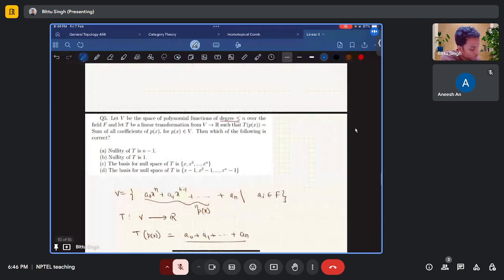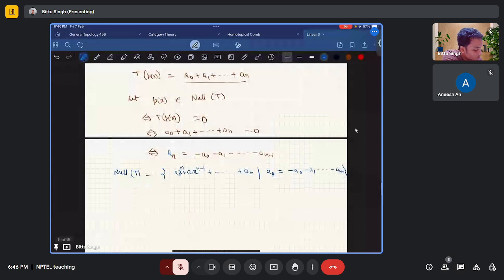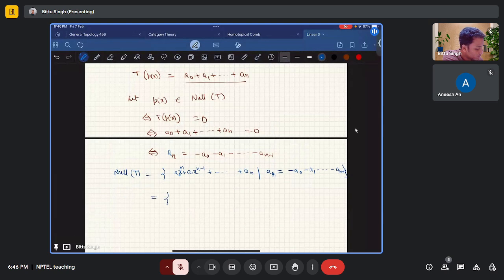I was writing that for my convenience. Instead of an, I am putting those signs.